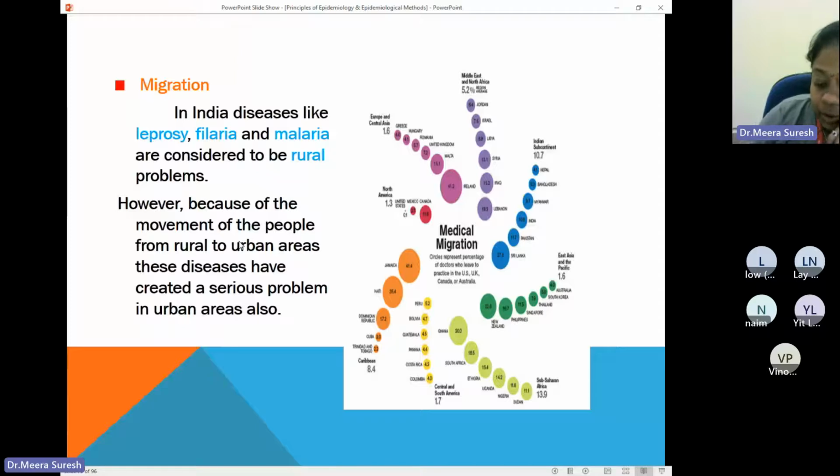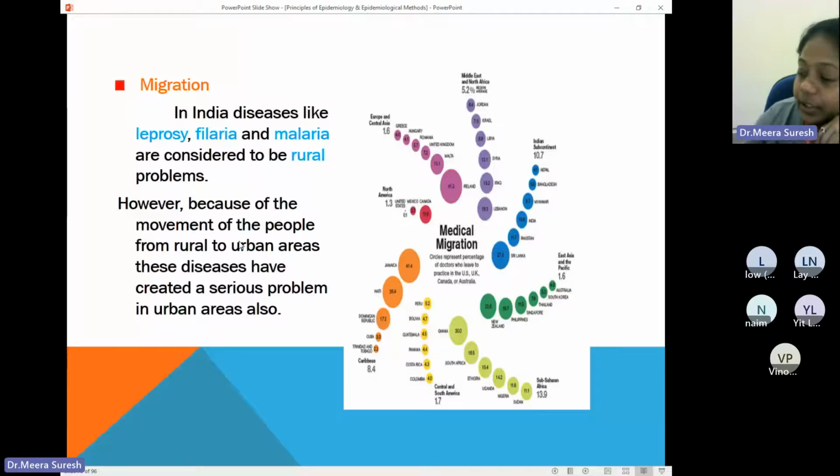So whenever we describe a disease condition based on places, we should be very aware of the rate of migration. If you are going to study some disease condition in the UK, the people coming into the UK are a factor which couldn't be neglected.